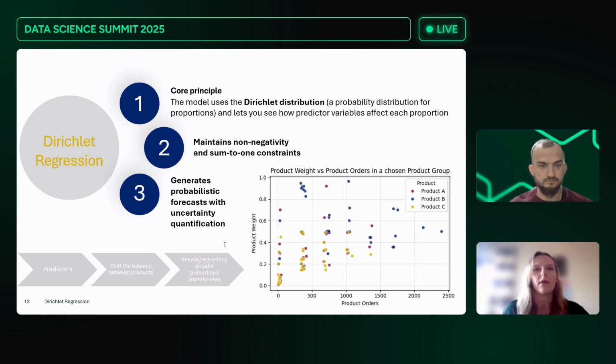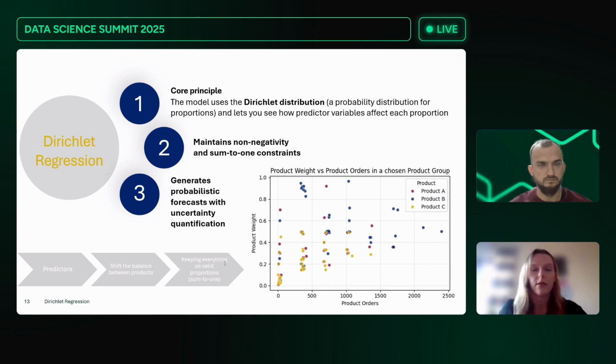So you can imagine probability vectors that sum up to 1. The key insight is that we parameterize the Dirichlet concentration parameters as functions of covariates. So instead of modeling each proportion independently, we are modeling the shape of the entire distribution.